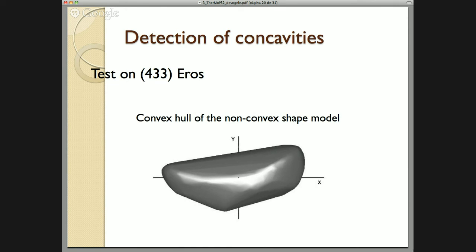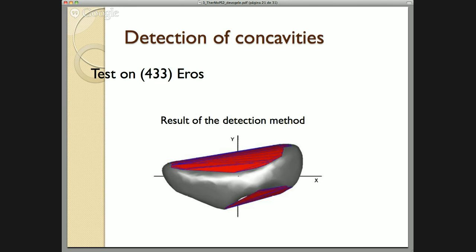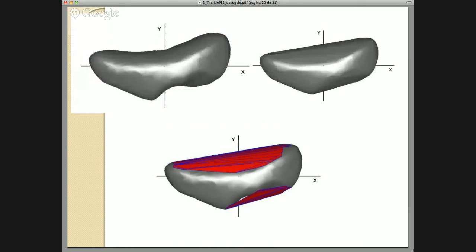And then we applied our method on this shape, and you can see here the locations where the flat surfaces were found. You can see that these locations correspond very well with the location of concavities. But in that case, we took the convex hull, so it's maybe quite easy.